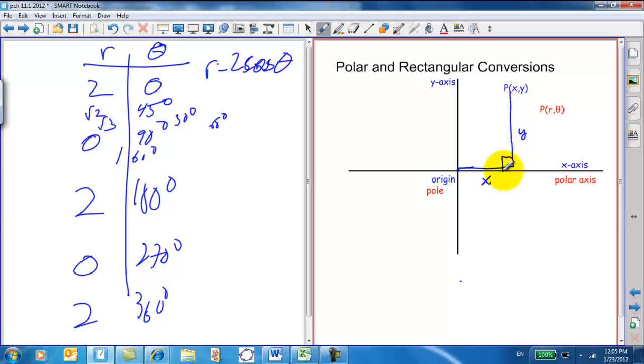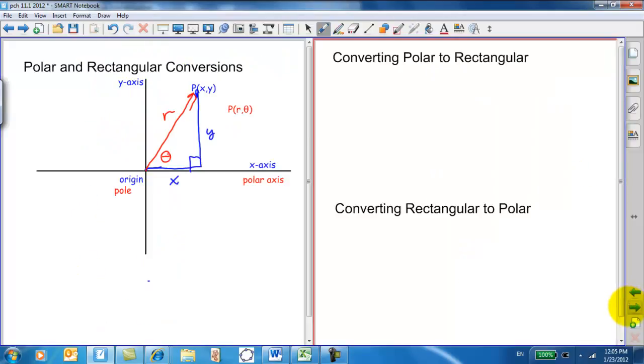That's the rectangular coordinate system. That's how you plot points in the rectangular coordinate system. But when I'm in polar, you figure out the angle and you go that much distance. You go r at an angle of theta. And so now we can start working on the conversions between these two.